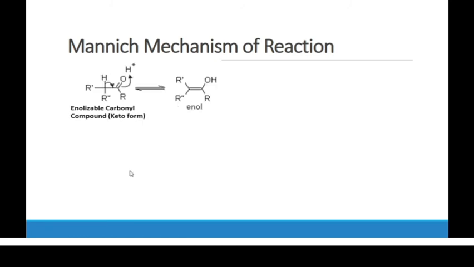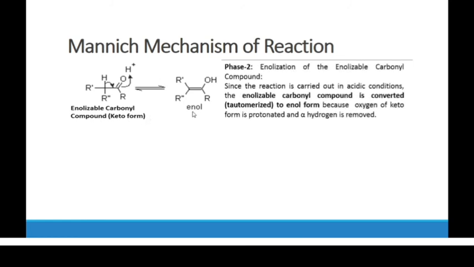Now this will react in our next step. So now we have the keto form of the enolizable carbonyl compound, and it will change its form to enol form. How?